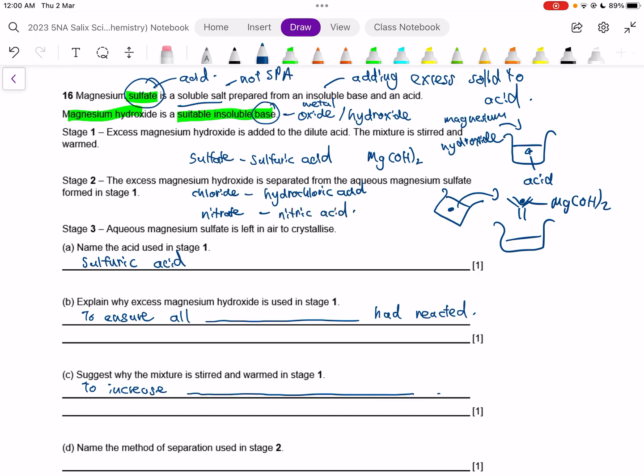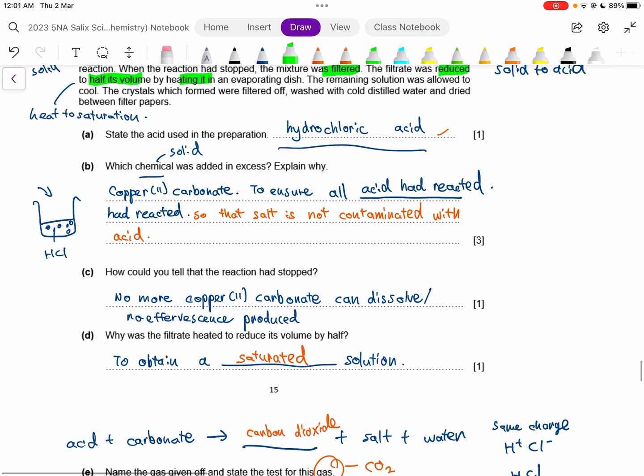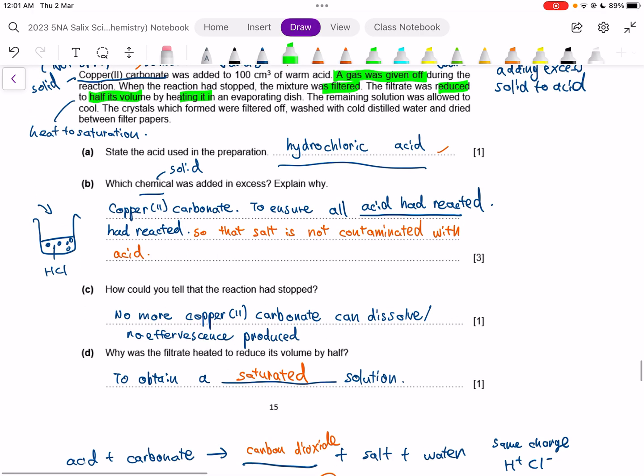Sulfuric acid. Next, explain why excess magnesium hydroxide is used in stage 1. Same reason as just now: to make sure the salt is not contaminated. You want to make sure the solid is in excess and the acid is the limiting reagent.